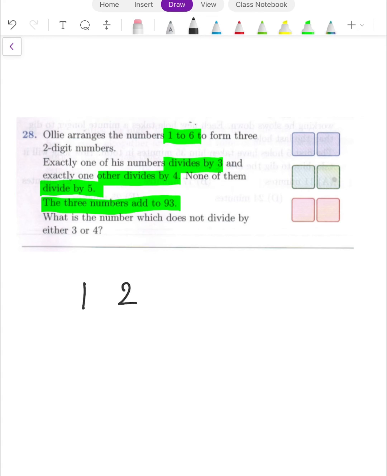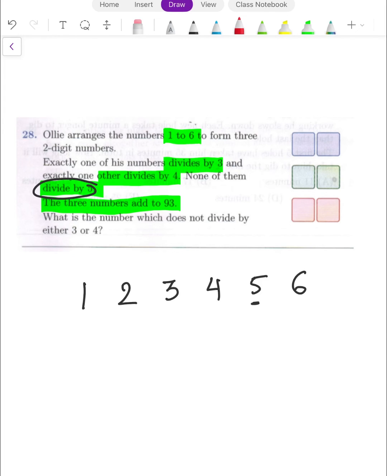So let me just write down what digits are available. We have 1, 2, 3, 4, 5, and 6. These are the options, and each digit may be chosen just once. Now, one striking clue is that none of the numbers is divisible by 5. That means this 5 cannot appear in the ones place in any of those numbers.